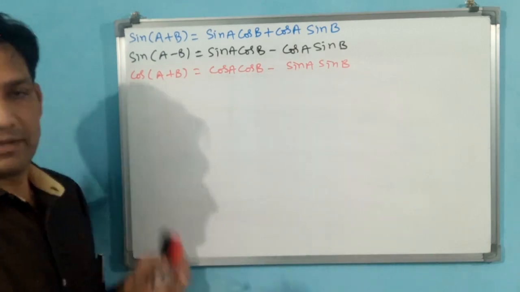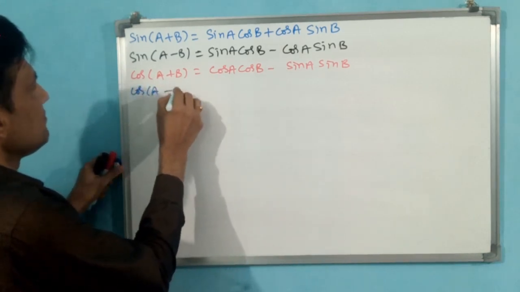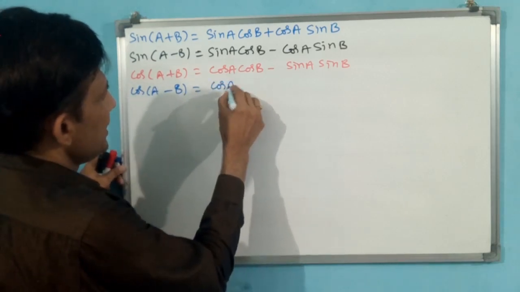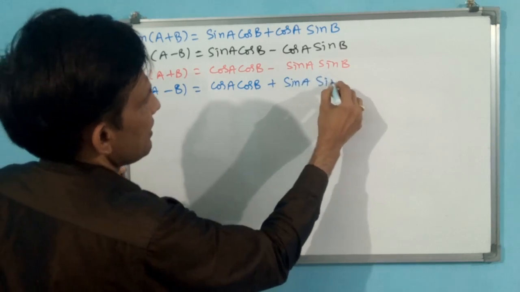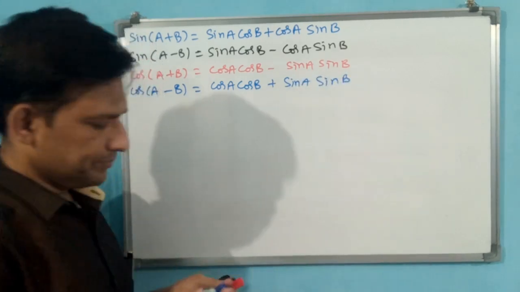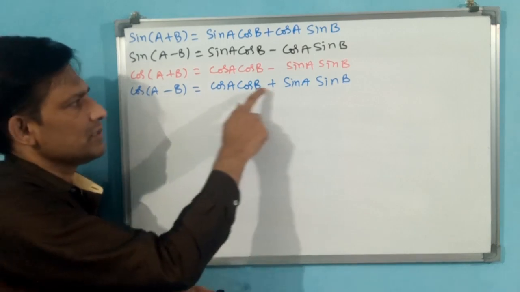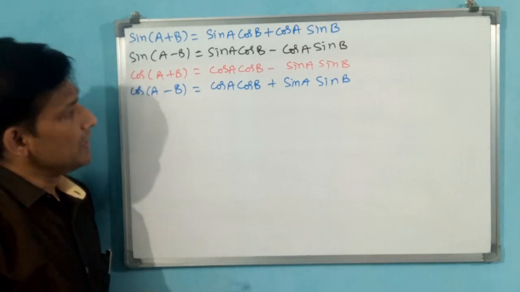Plus means minus will come, and minus means plus will come. Cos of a minus b is equal to cos a cos b plus sin a sin b. That's all. This is also over.